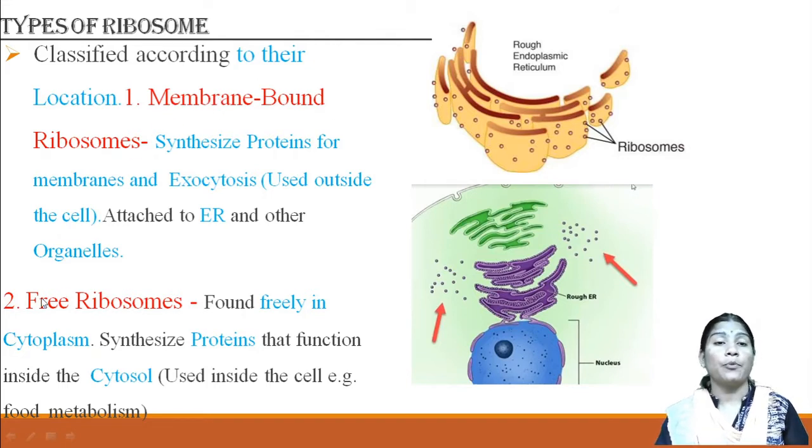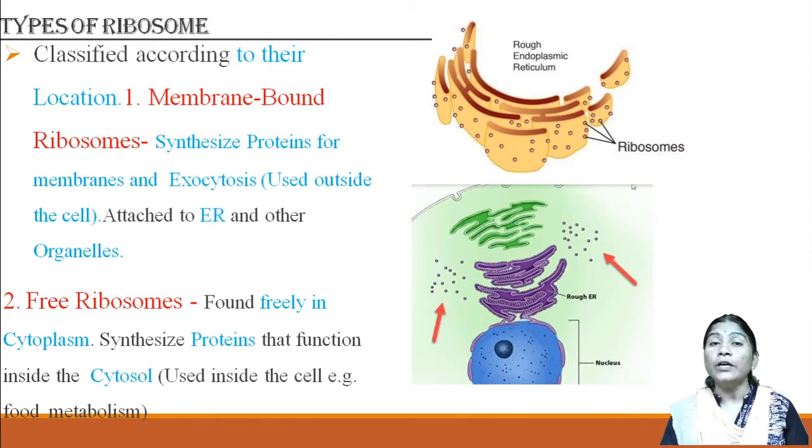But those ribosomes which are freely available in the cytoplasm are called the free ribosomes. Means on the basis of the location of the ribosomes, there are two types.